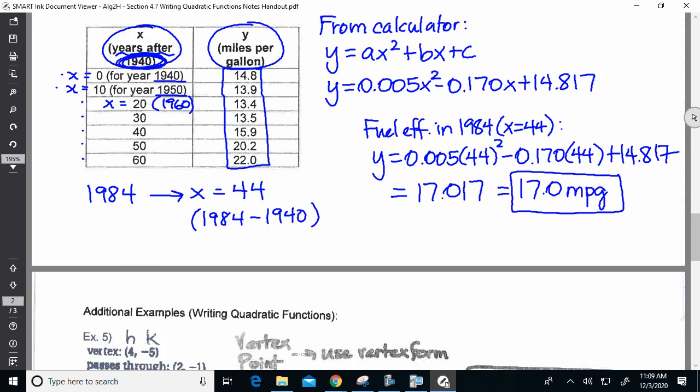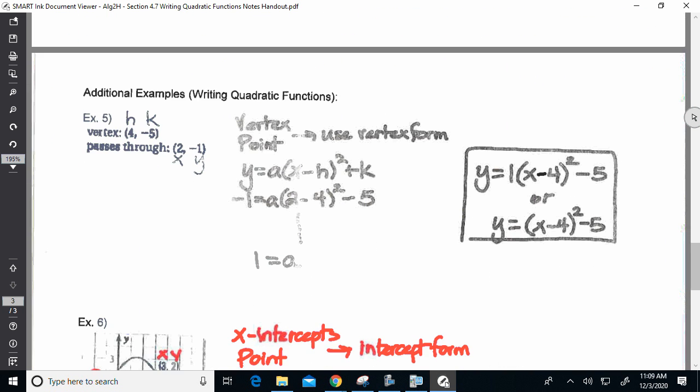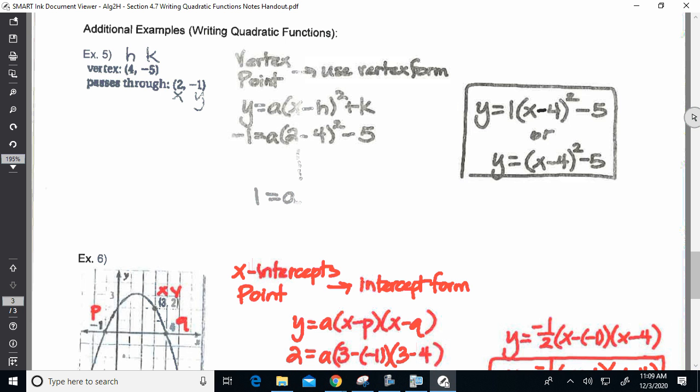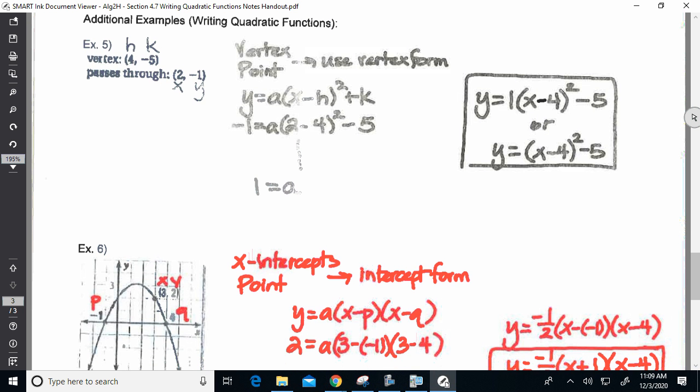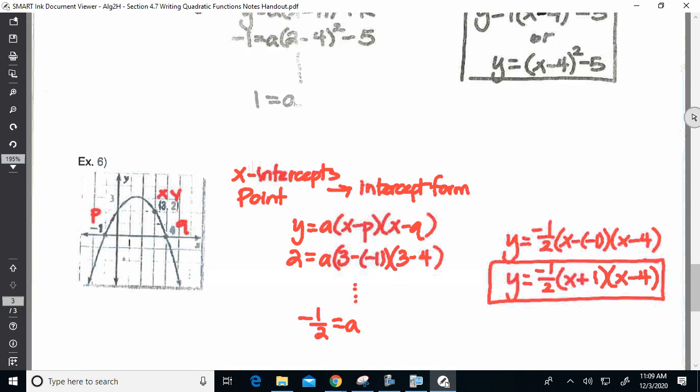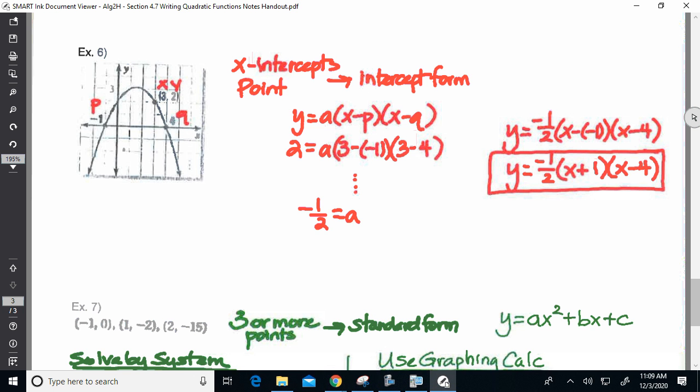So, should you need additional examples of any of the ones that we've done? Example 5 is another example of using vertex form. Example 6 is another example using intercept form.